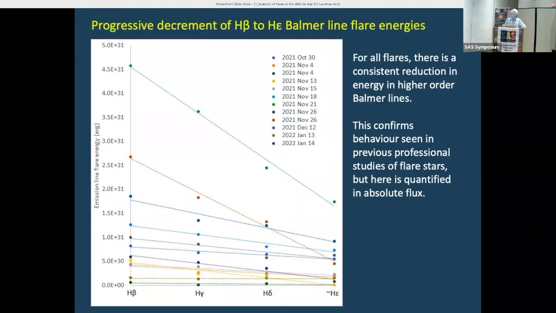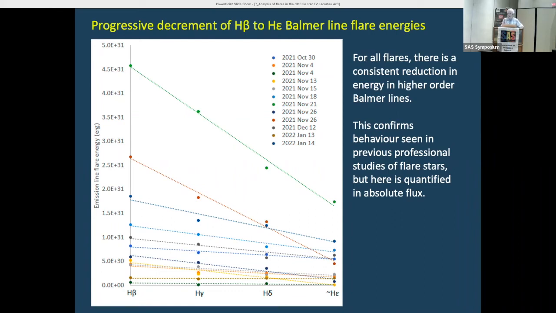Okay, and what this shows is that if you look at the energy in each of the lines going from hydrogen beta to hydrogen epsilon, there is a steady degradation in the energy emitted at each of those wavelengths in all 12 of our spectra. It's a very consistent picture that most of the energy goes out in hydrogen beta, and then it gradually is less and less towards hydrogen epsilon.